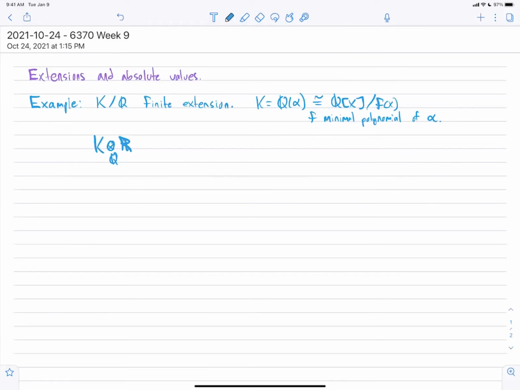This creates a real vector space with dimension equal to the degree of K. And this vector space, K tensor R, is the vector space where we made all of our arguments of lattices to understand the ring of integers, ideals and the class group. So this is pretty important.